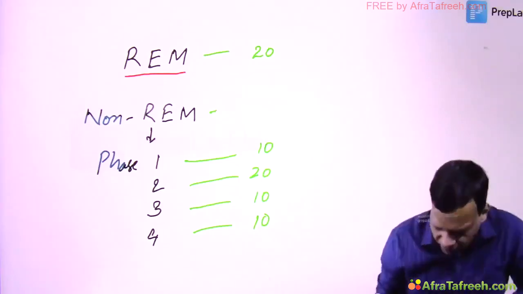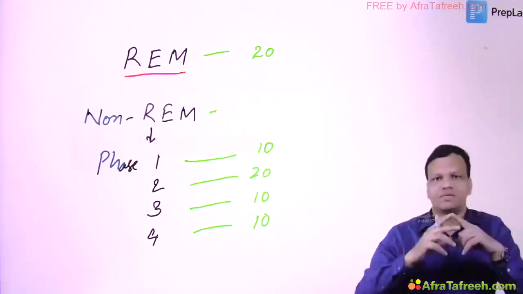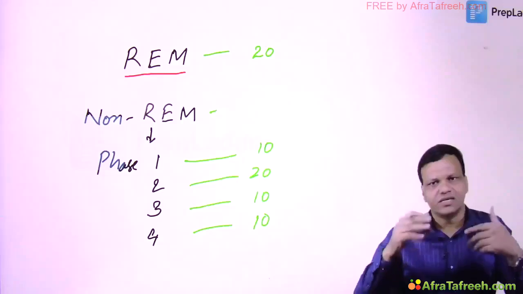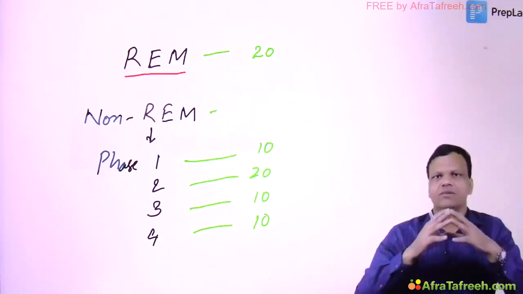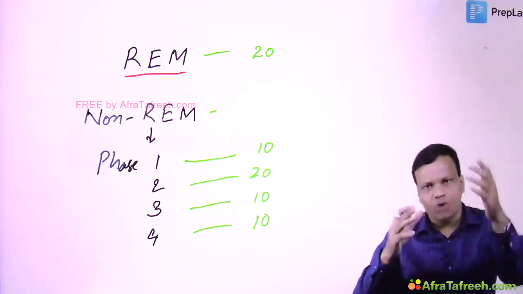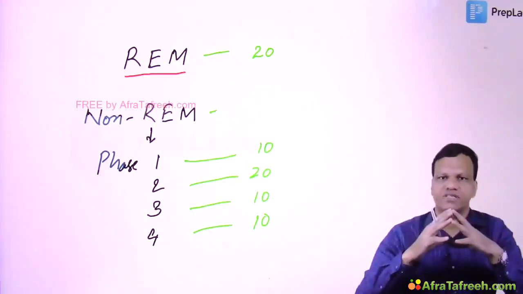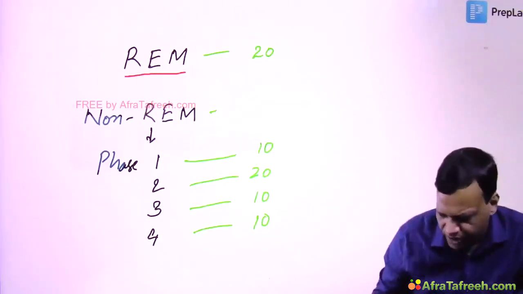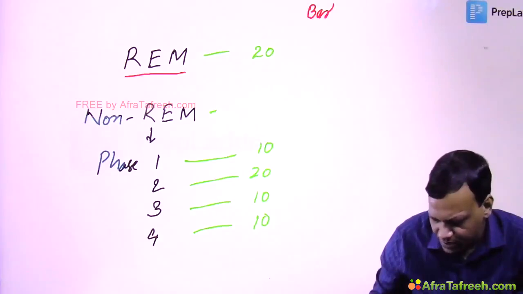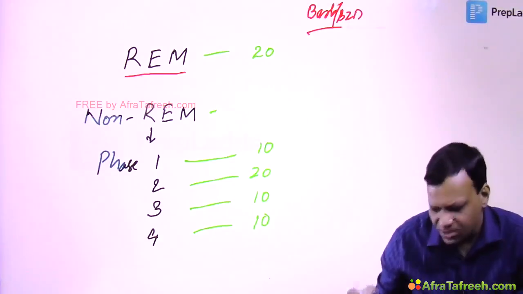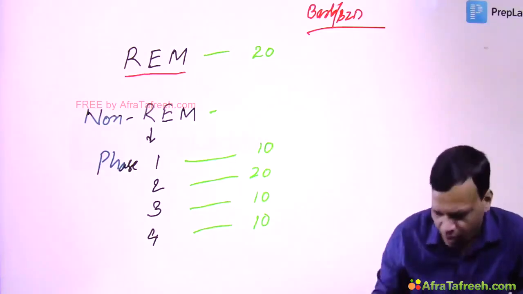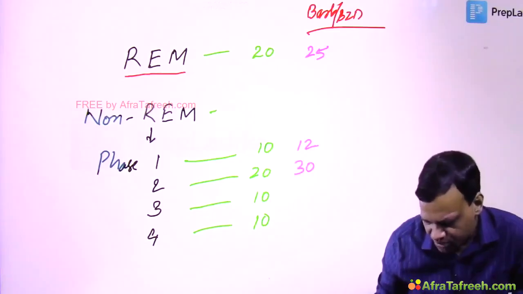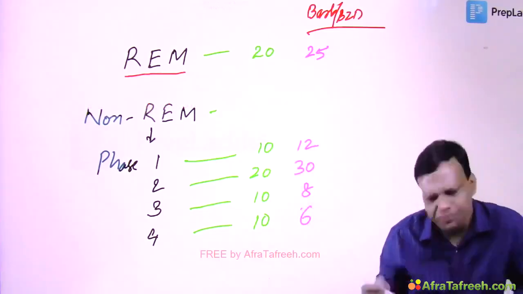Now when we give barbiturates or benzodiazepines, they increase sleep duration. But the problem is they do not increase all the phases proportionately. Some phase will be increased more, some will be increased less. Like after giving barbiturates or benzodiazepines, mostly we use benzodiazepines nowadays, suppose the sleep duration now becomes, this is for 25 minutes, this is for 12 minutes, this is for 30 minutes, this is for 8 minutes, this is for 6 minutes, hypothetically assuming.